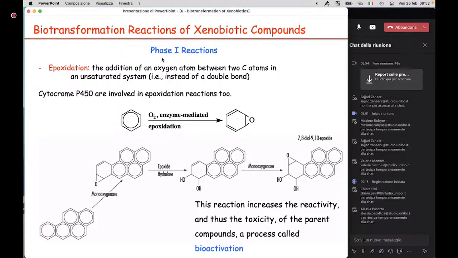Another important reaction is epoxidation. You may remember that this triangular structure with the two carbons both connected to the same oxygen atom is called an epoxide. So it is produced by the oxidation of a double bond, also double bonds included in aromatic structures, just like this. Here you can see that circle.